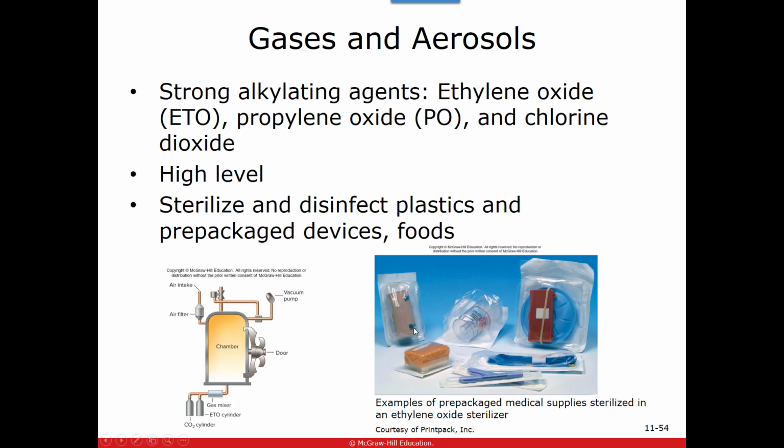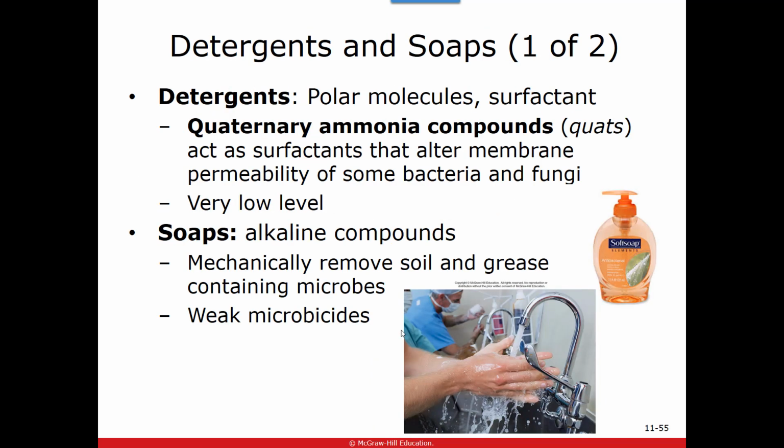Detergents and soaps. So their main job, like the quaternary ammonia compounds, we shorten it to quats. These are also surfactants. Their job is to try to release microorganisms from the surface. It's not to kill. If something like soap says antibacterial on it, soap in itself is somewhat antibacterial.